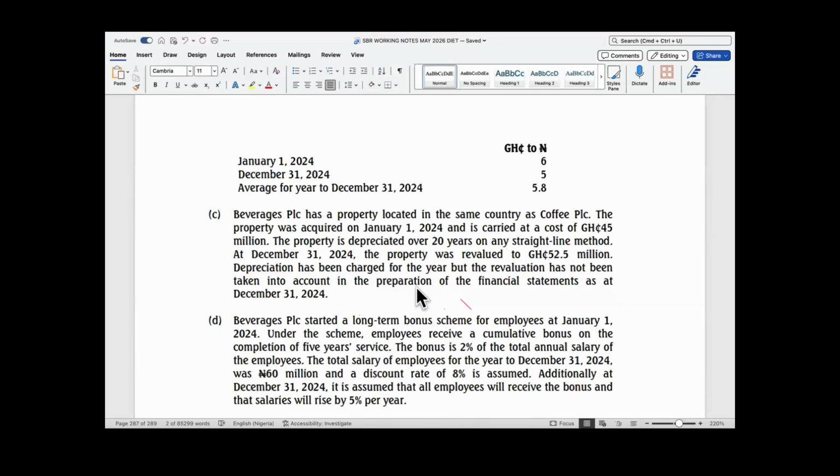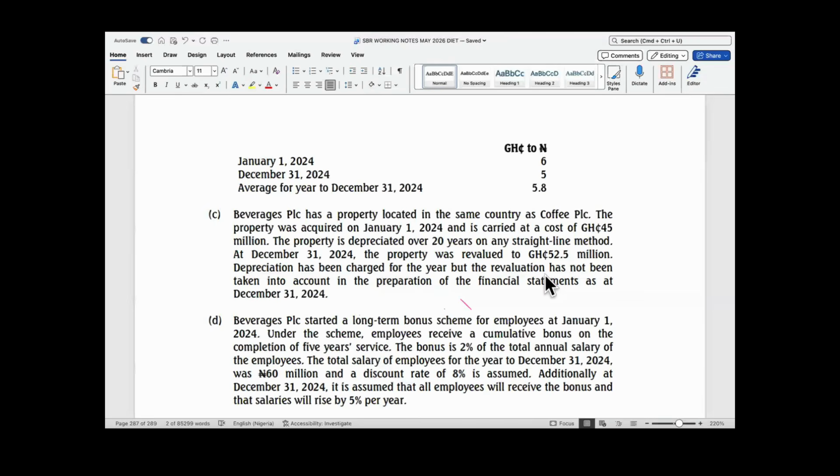Okay, they have already charged depreciation, so I won't bother. Has been charged means they have already put it in the account. They have already adjusted for that already in the books. But they said they have not taken into account revaluation. So I need to take it in. That means two things I need to do. I need to translate this 52.5 to Naira, and that is what will show in my statement of financial position.